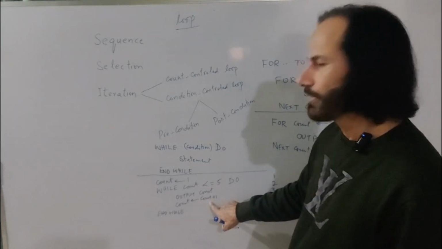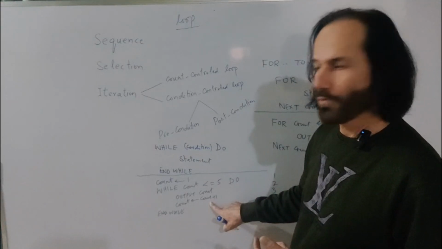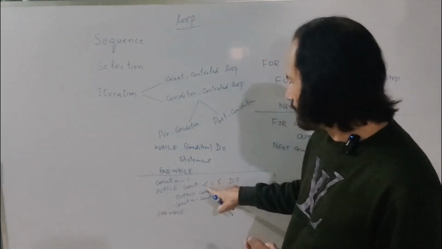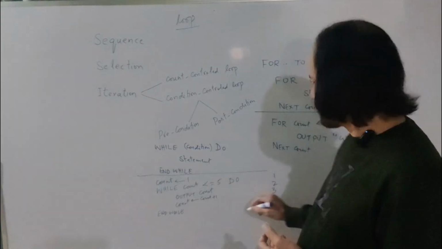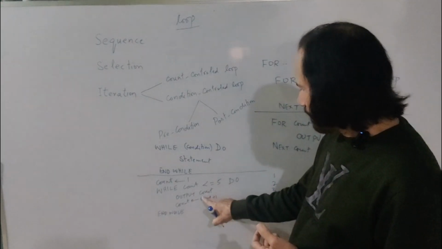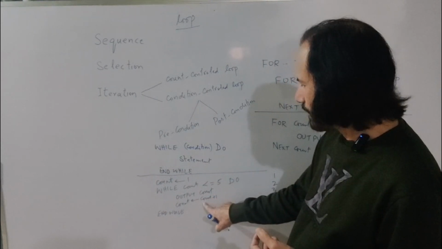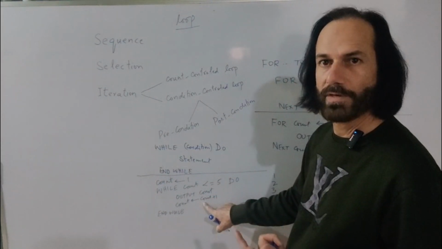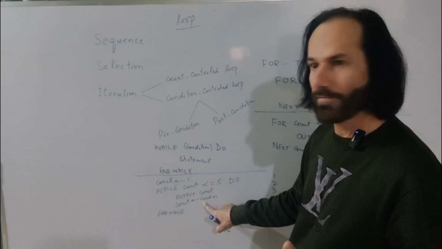It increments the count, 3 plus 1, now it becomes 4. Again it checks the condition, yes, it is still true, and it outputs 4. After outputting 4, it increments by 1, and now the count becomes 5.